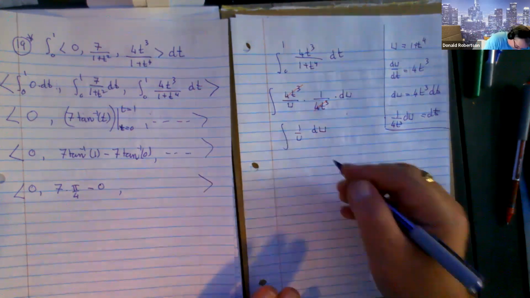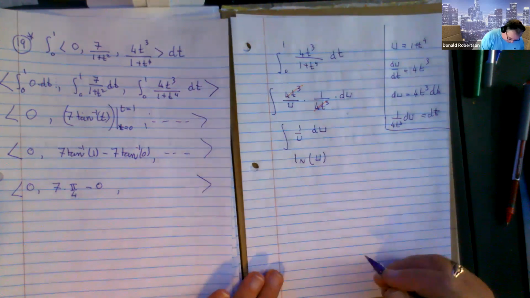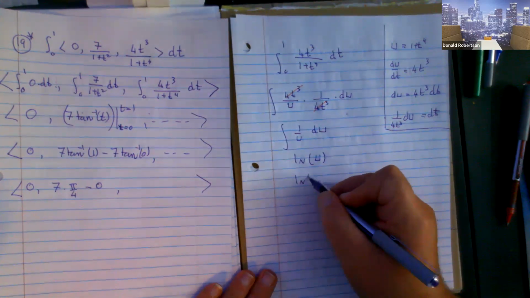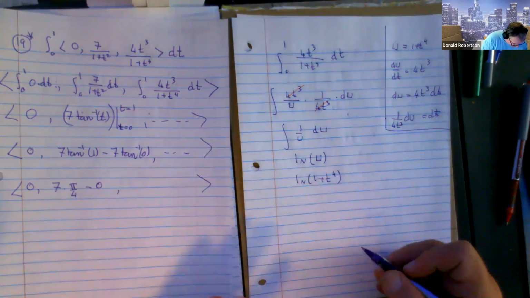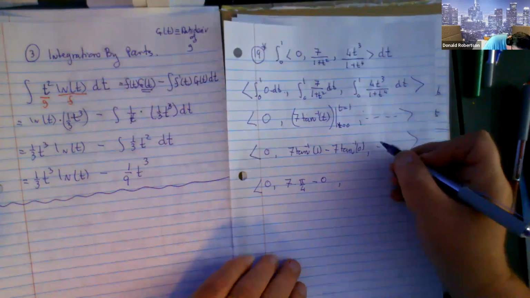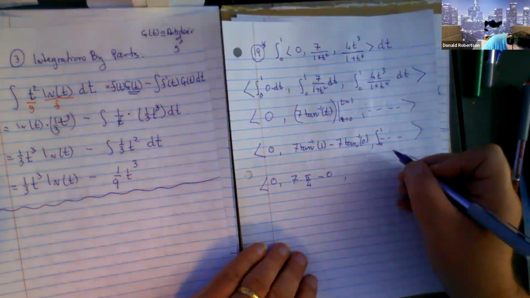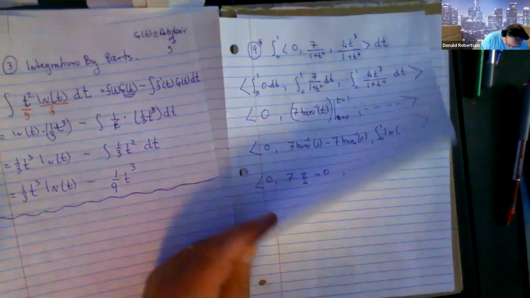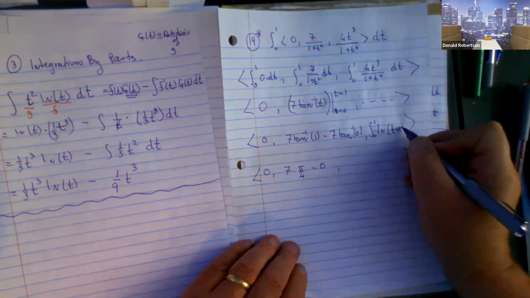And that integral is the natural log of u, which then gets turned back into our friend here. So our integral is going to be the integral from 0 to 1 of the natural log of 1 plus t to the 4.